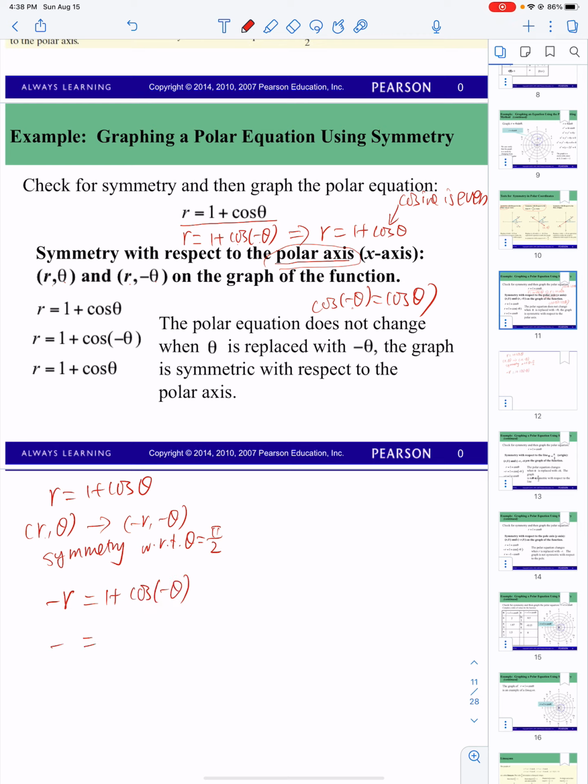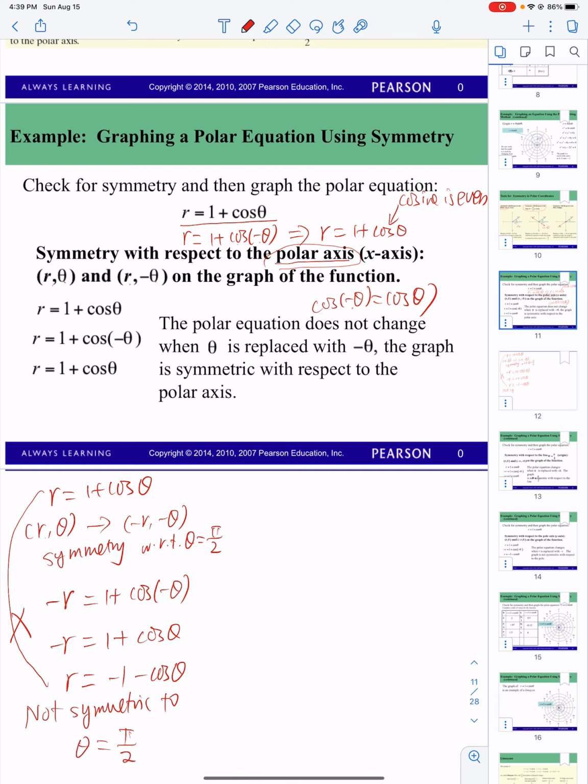So we have negative r equal to 1 plus cosine theta, because cosine is even. And what will r be? Negative 1 minus cosine theta. Are they the same? No. So do we have the symmetry? No, not this symmetry. So it is not symmetric with respect to theta equal to pi over 2. You with me?